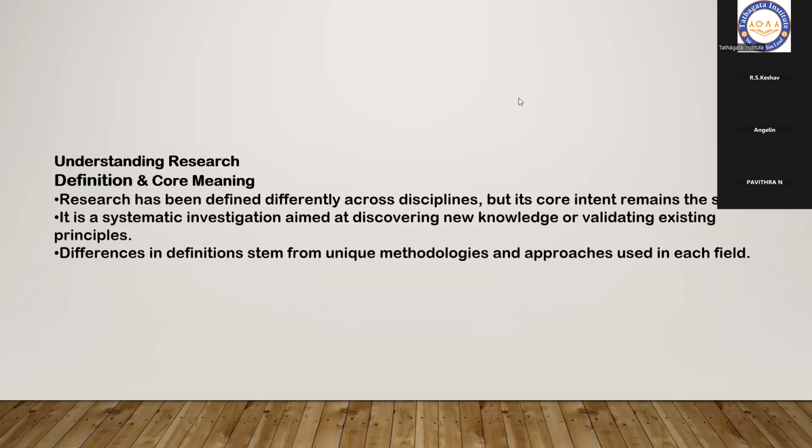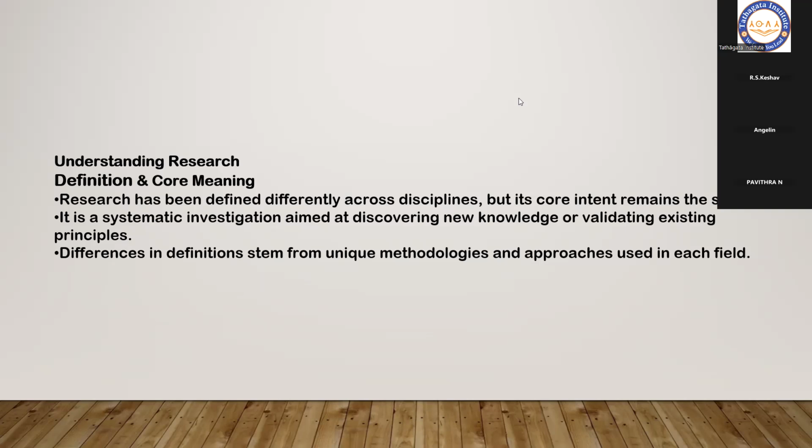Differences in definitions: according to each discipline, the definition differs, and there are unique methodologies and approaches. So there are three things that we have to remember. The definition of research varies according to each discipline, but the core does not vary. What is the core of research?